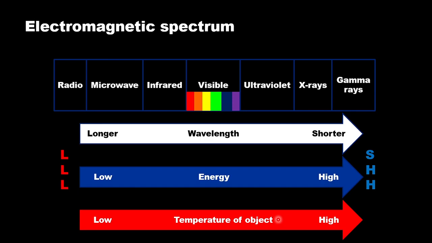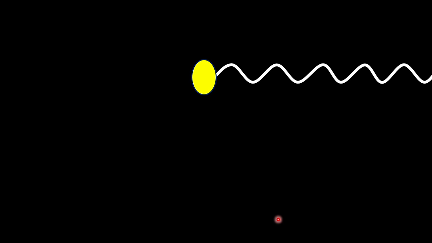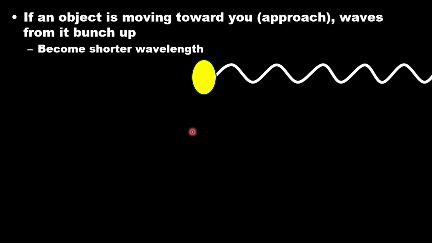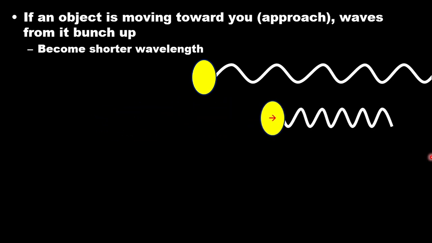But there's also a second factor that will affect the wavelength, and that is motion. So if you have an object that's stationary, it's giving out a wave of a particular wavelength. But if that object is moving towards you, then the motion of that object is going to cause the waves to bunch up, and you will end up with a shorter wavelength.